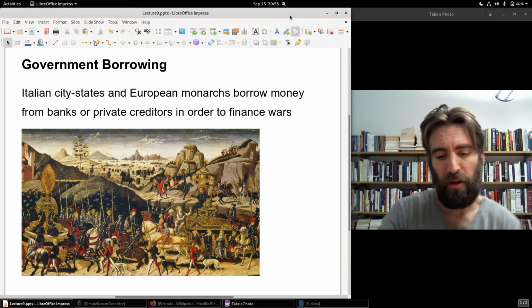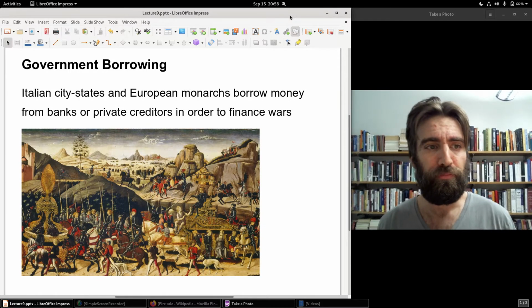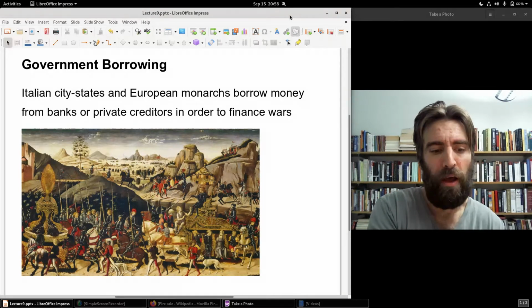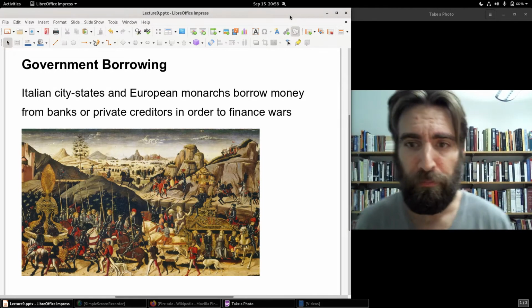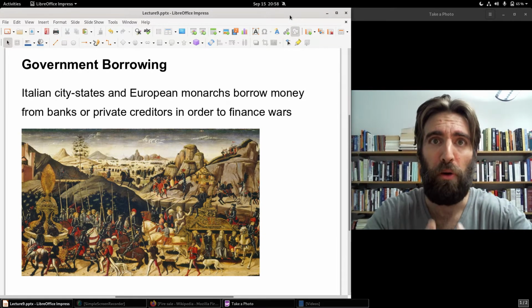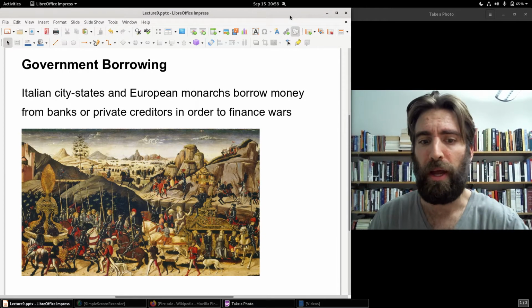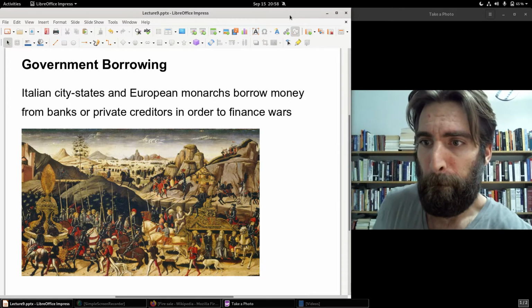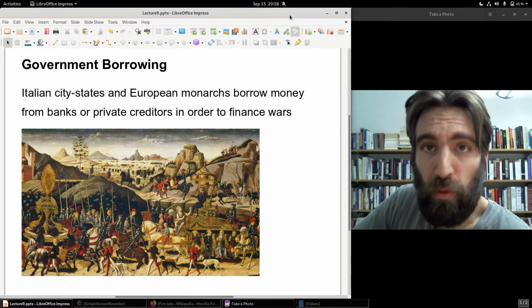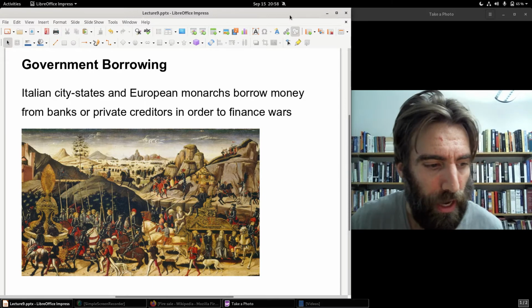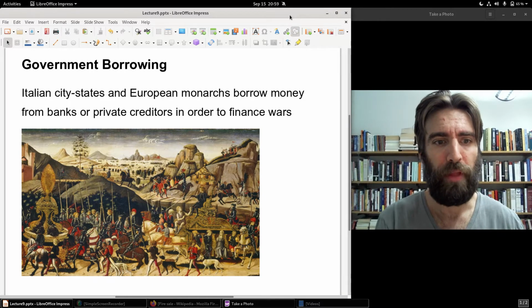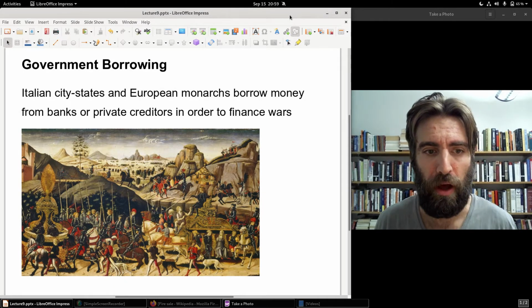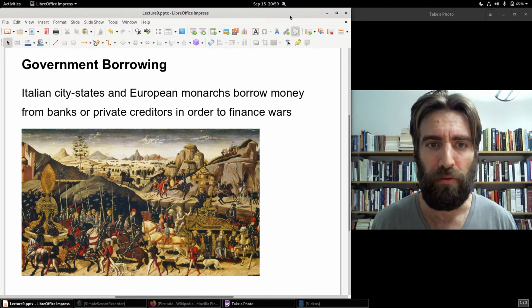And during the High Middle Ages and to the Renaissance, and of course all the way to present day, governments, in this case the Italian city-states, European monarchs, increasingly borrow money either from banks or from private creditors, a creditor being anyone with liquid cash, in order to finance wars. And this becomes a profitable activity if someone has money to lend to governments.